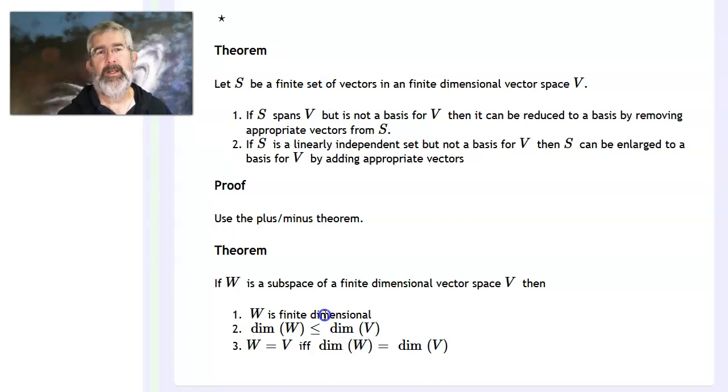There has to be a finite set of vectors that spans W. Okay. So there you go. There's a bunch of theorems that give us some more insight into the workings of dimension and how do you prove that you have a basis if you know the dimension, right?